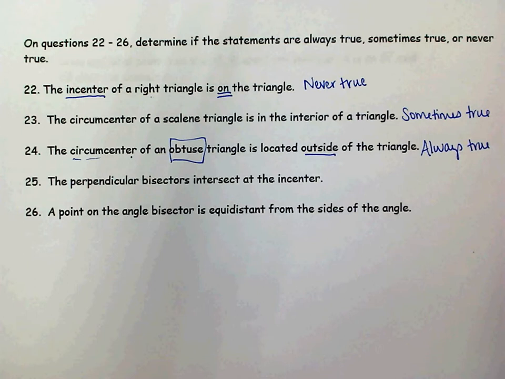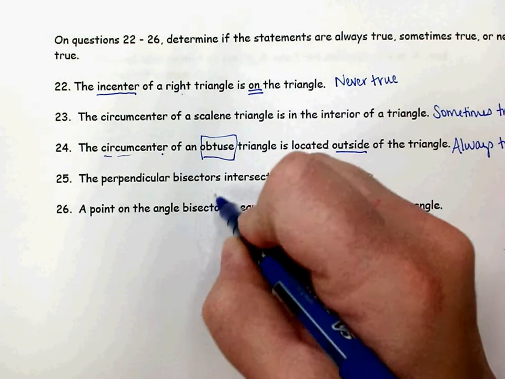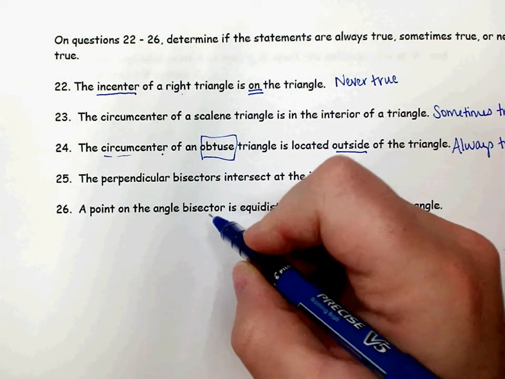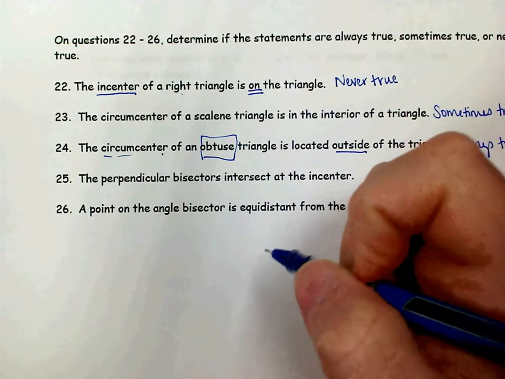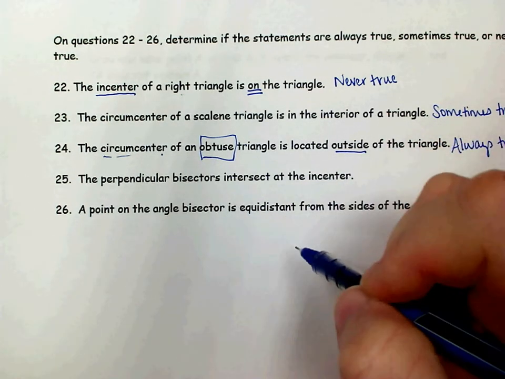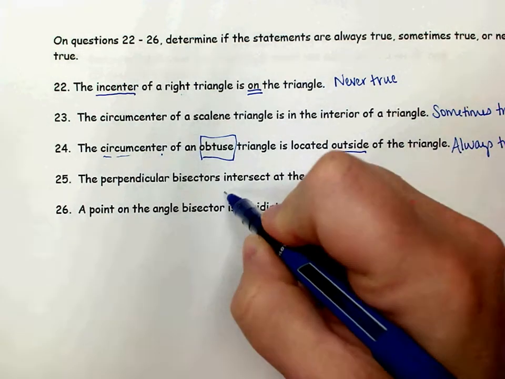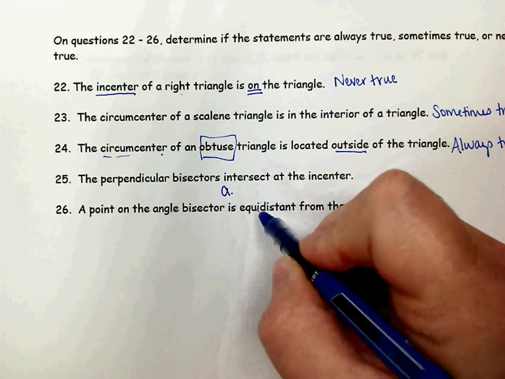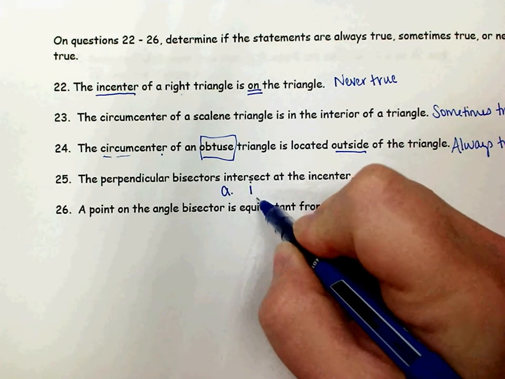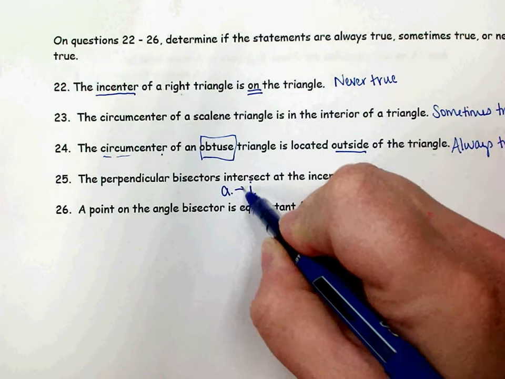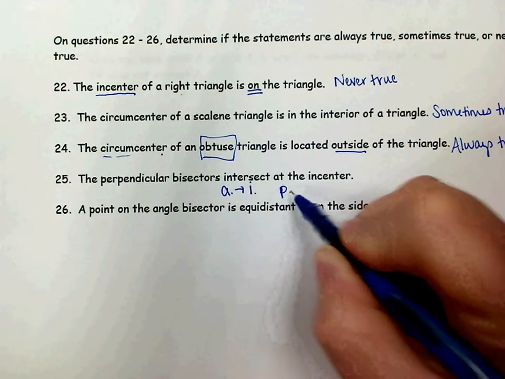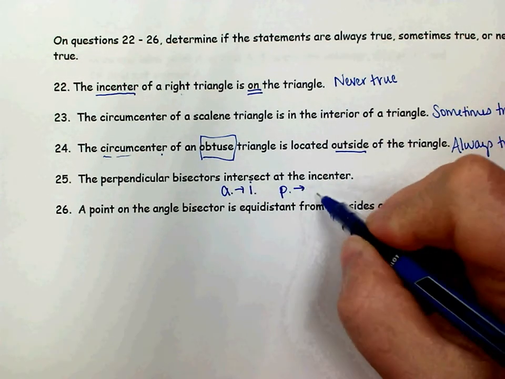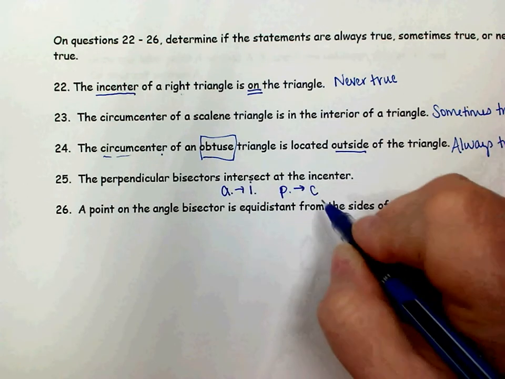Number 25, the perpendicular bisectors intersect at the incenter. Now this one's a little bit tricky, because remember I've taught you how you can look at the vowel versus consonant beginning sound of each word to help you remember the name of the intersection point. Angle bisector starts with an A, which is a vowel, and it intersects at the incenter, which starts with I, which is a vowel. And perpendicular bisector starts with a P, which is a consonant, and they intersect at the circumcenter, which starts with a C, which is a consonant.